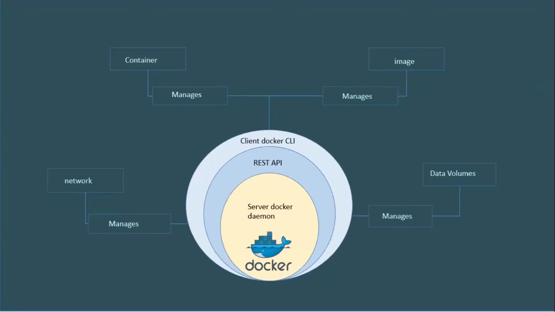And this Docker daemon manages four major components in the container world. The first thing it manages is the container. I told you a container is nothing but your own application and the respective binaries for the application to execute.